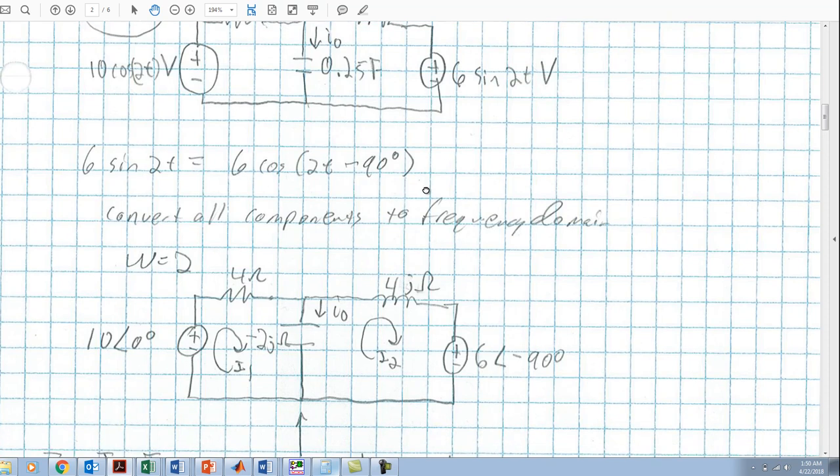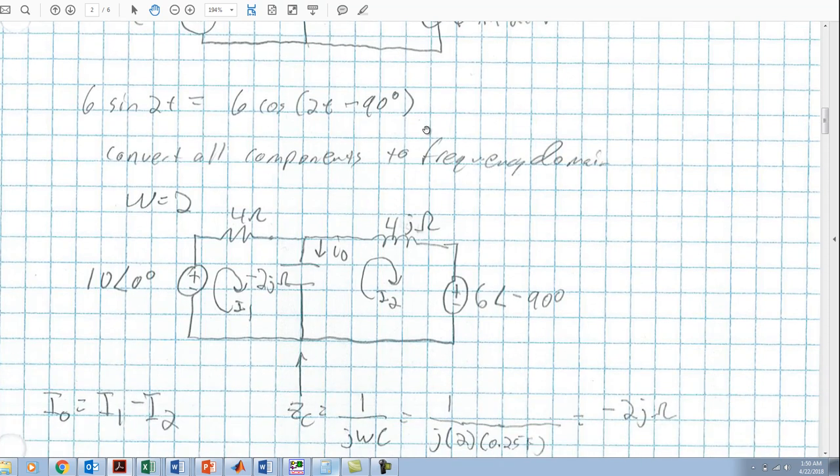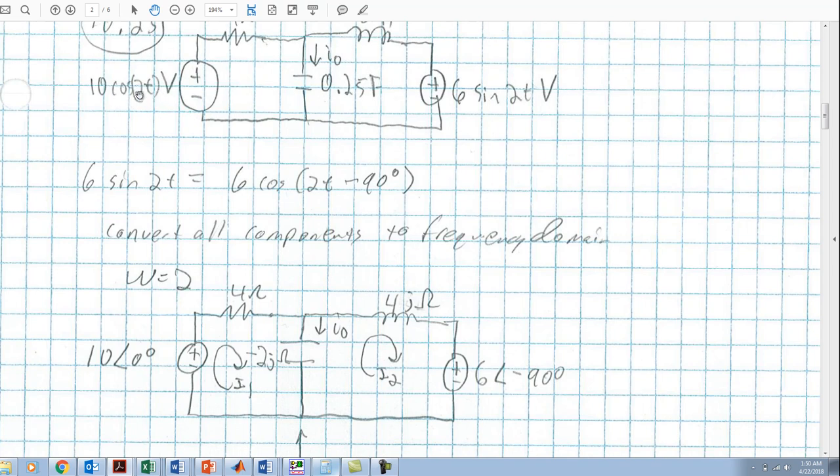And so we convert everything into the frequency domain. And so here we have our 10 cosine of 2t is just going to be 10, 0 for the phasor. Our 6 sine of 2t is going to be 6 minus 90 degrees. That way we have it in cosine form. And then our resistor is going to stay the same at 4 ohms.